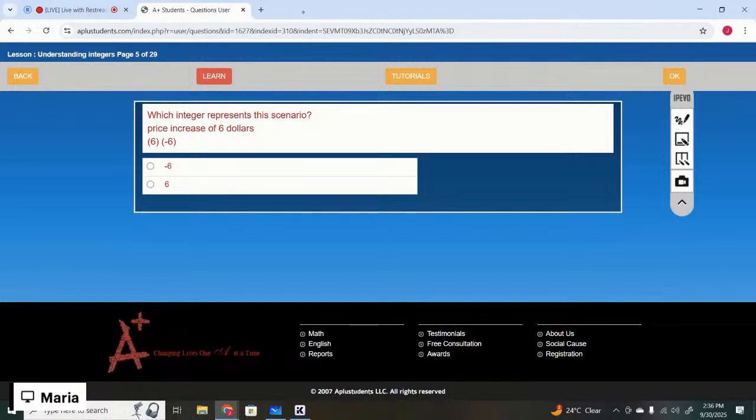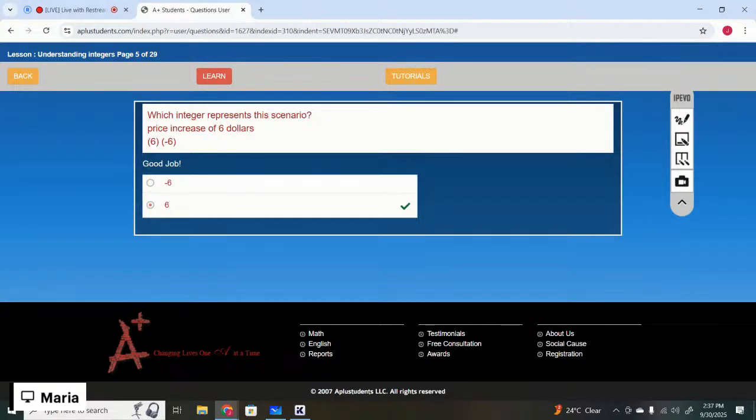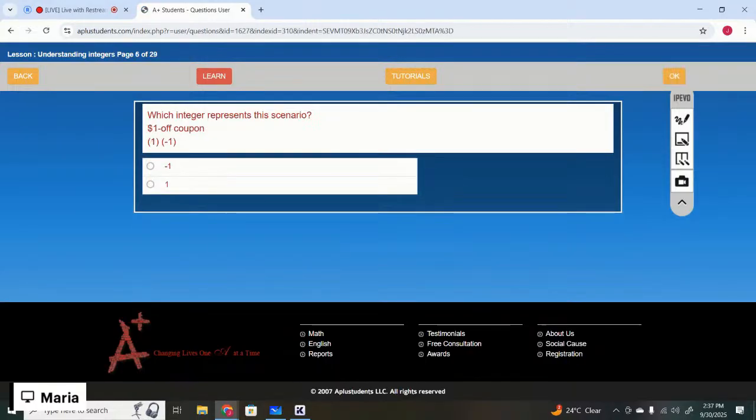Which integer represents the scenario price increase of $6? That is positive 6. Option number 2 is the correct option. Which integer represents the scenario $1 off coupon? Off is negative 1.